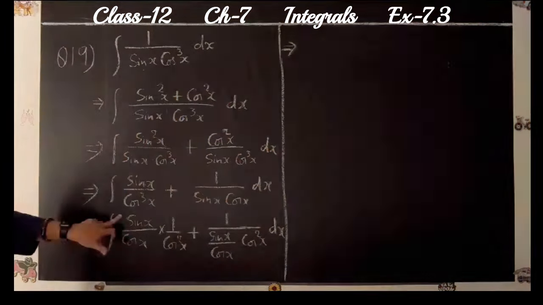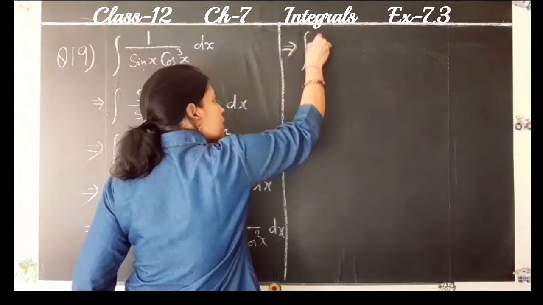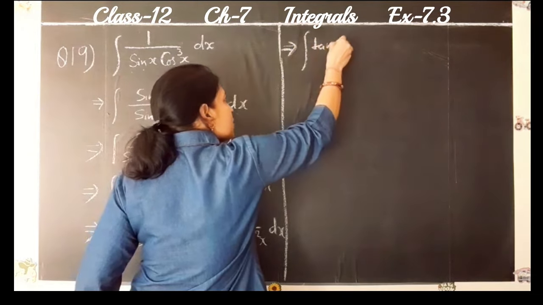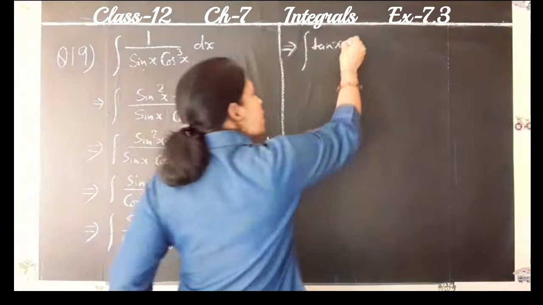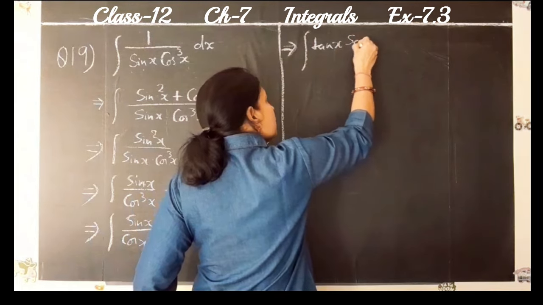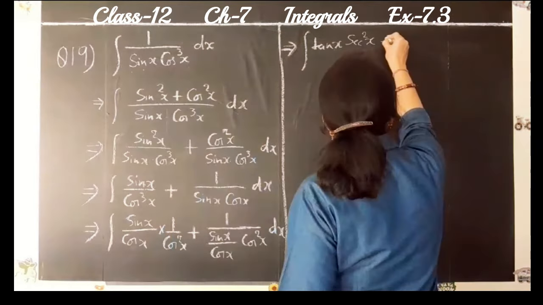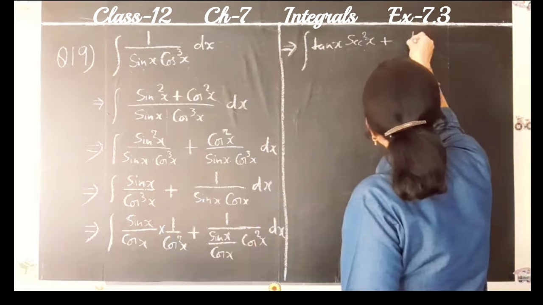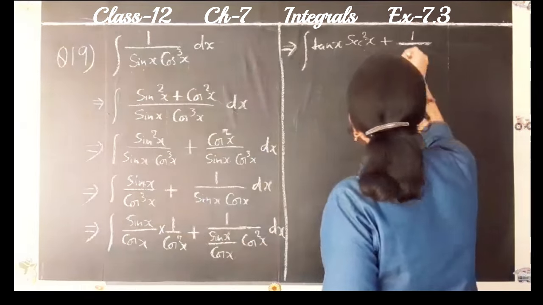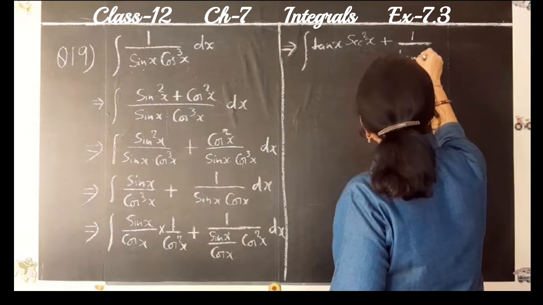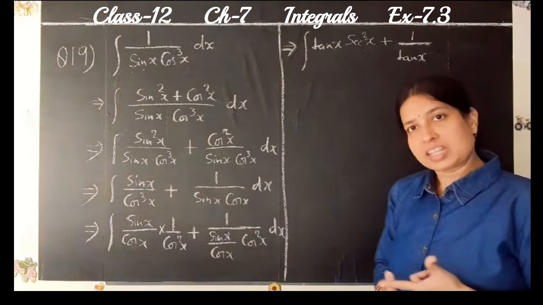Now here sin x by cos x is tan x, and 1 by cos square x is sec square x. So write here integral tan x, and sec square x, plus 1 by sin x by cos x, which is tan x, and 1 by cos square x will be sec square x.